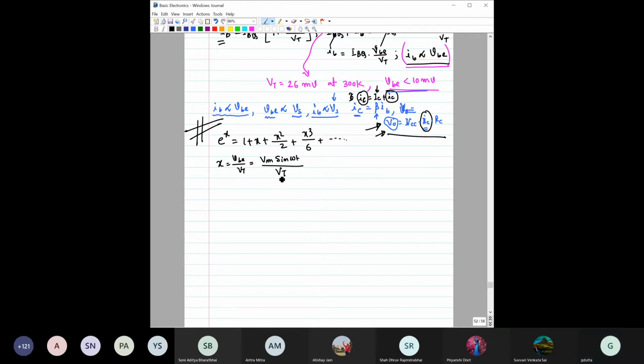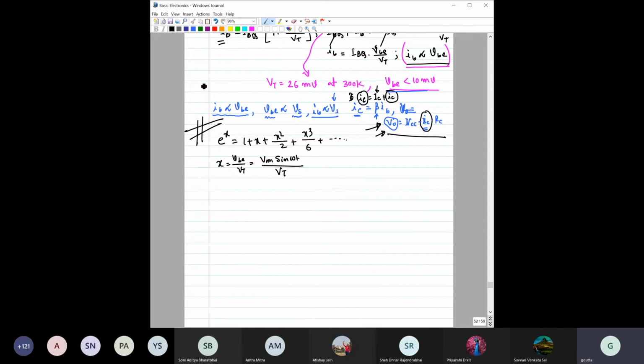Now again, why, most of the time we will consider our input signal to be a sinusoidal signal, because any arbitrary signal can be represented in terms of sinusoidal signals, means some addition of sinusoidal signals.